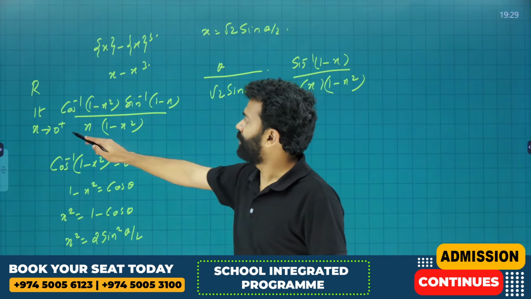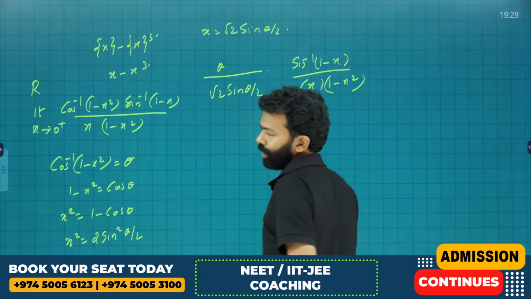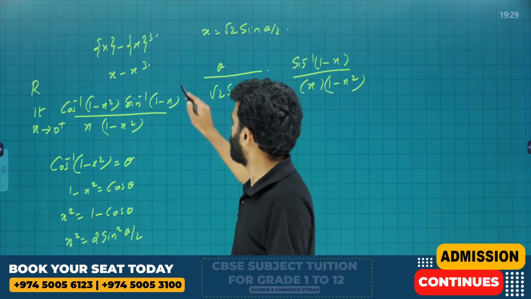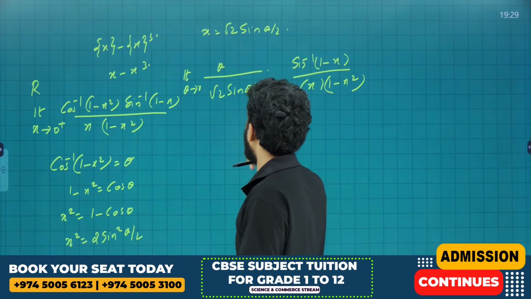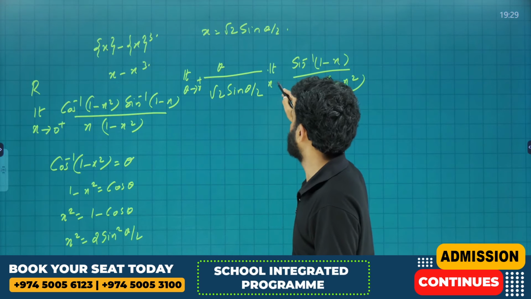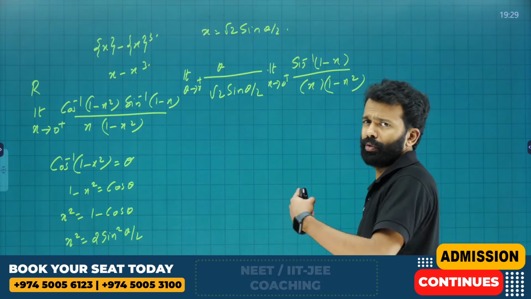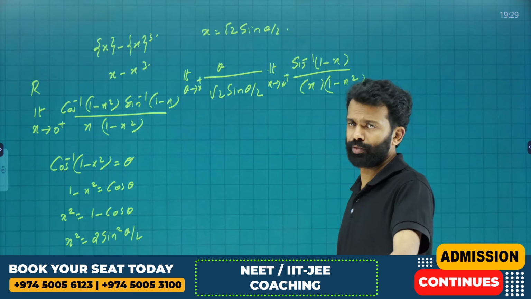So we know that x is approaching 0 plus. That is, if x is equal to 0, cos inverse 1 minus 0 becomes cos inverse 1, which becomes 0. That is, theta will be approaching 0, and here 0 plus, we can put it like that. Actually, we need to change the other part also, but we are not going to do that because it will consume more time and it will not change your final answer.